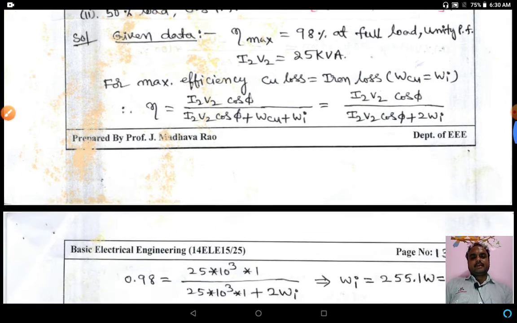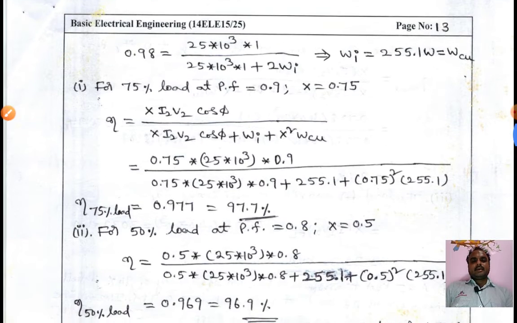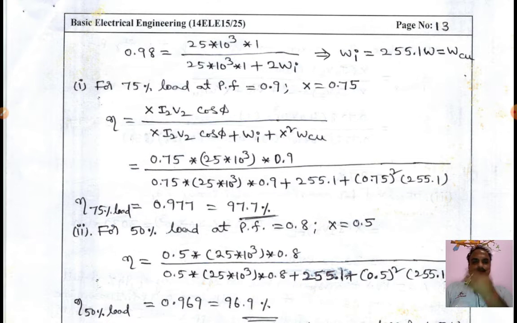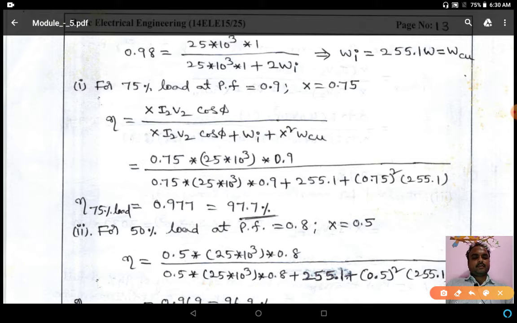So by that you find out the Wi. So substitute efficiency and I2 V2 values and cos phi, you will get Wi is equal to 255.1 watts, right? This is the one.